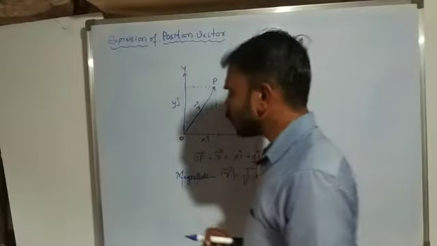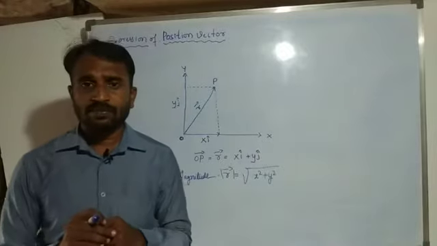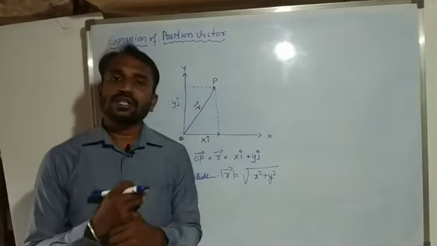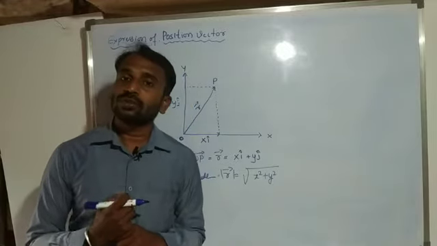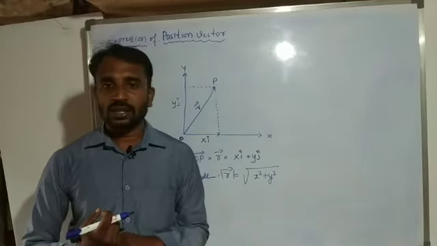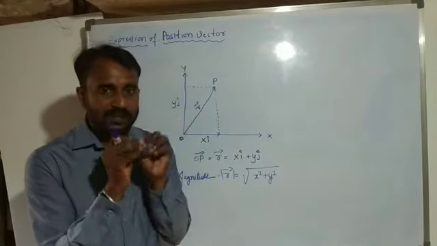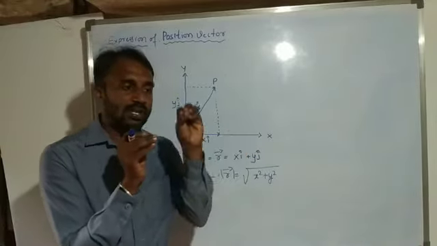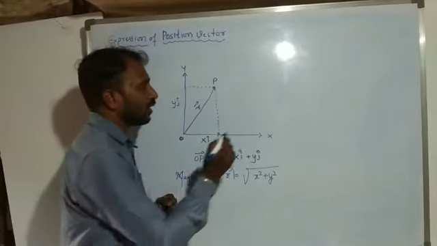Suppose the particle is present in space. When a particle is present in space, we consider three coordinates to find its position: x coordinate, y coordinate and z coordinate.